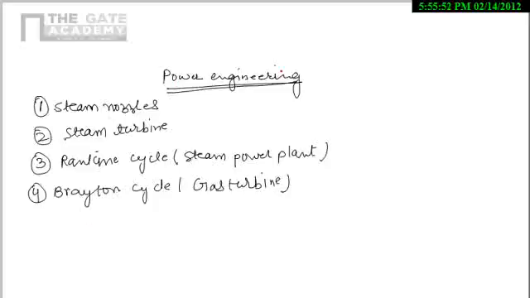So let's start with steam nozzle. First of all, I am taking steam nozzle. We are already aware that a nozzle is a device which is used for getting high kinetic energy.